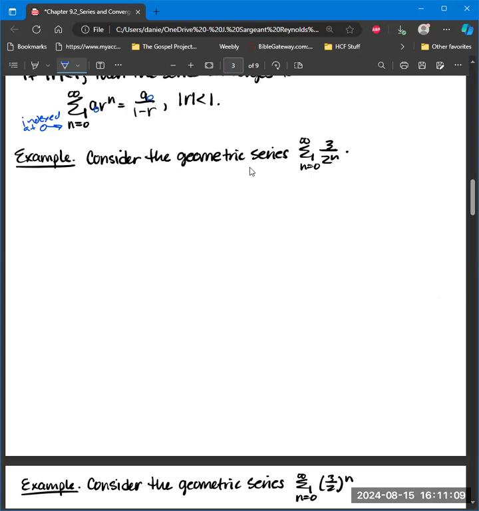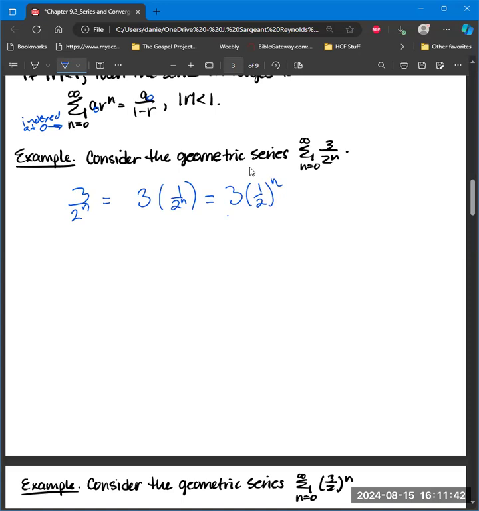All right, let's consider the geometric series of 3 over 2 to the n, n equals 0 to infinity. So algebraically, 3 over 2 to the n is going to be the same thing as 3 times 1 over 2 to the n, which is equal to 3 times 1/2 to the n.